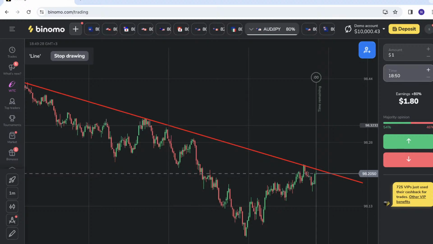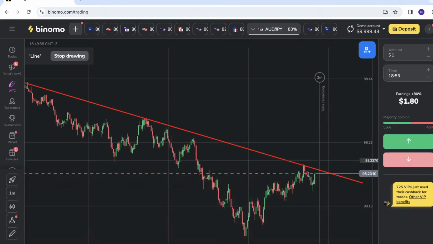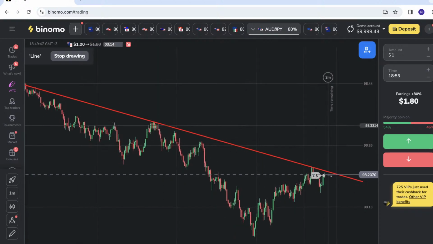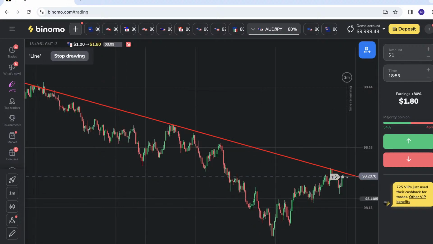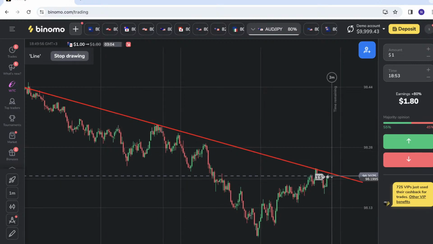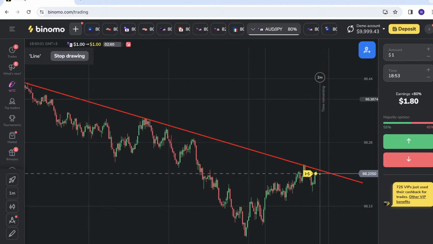My trade will end at 18:53. I will open a down trade. Why? Because we have a downtrend. In this downtrend, price is testing our resistance line, and I think that price will not break this line because it couldn't many times before in the previous periods. So that's why I opened a down trade.